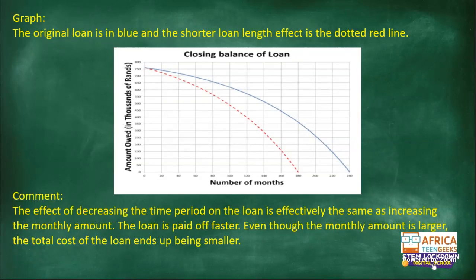So if you are going to now pay in 15 years, that will be different. As we have shown you, you will have to pay more monthly, but the whole balance will not be more, because, remember, the shorter the loan period, the smaller the amount that you will pay.